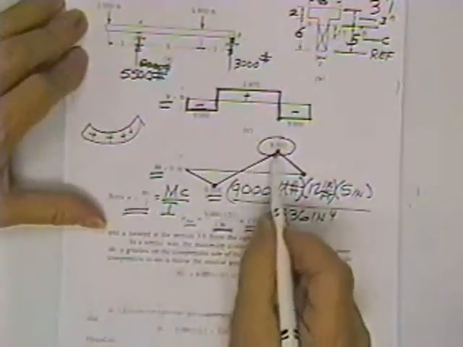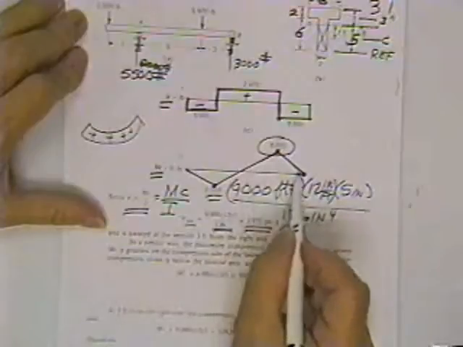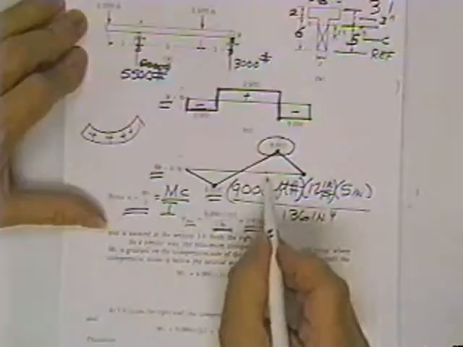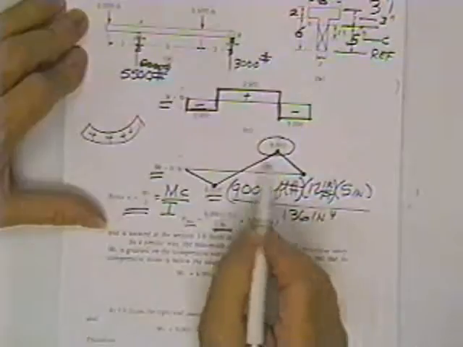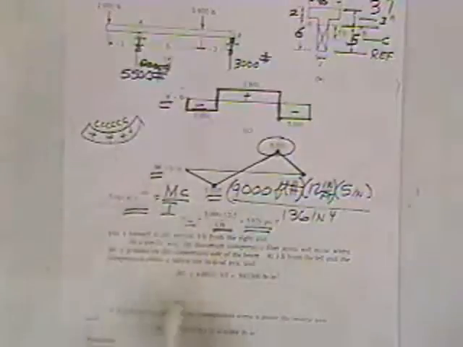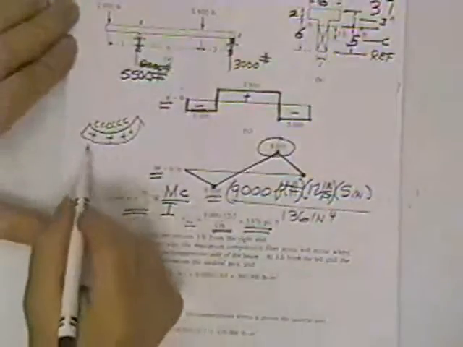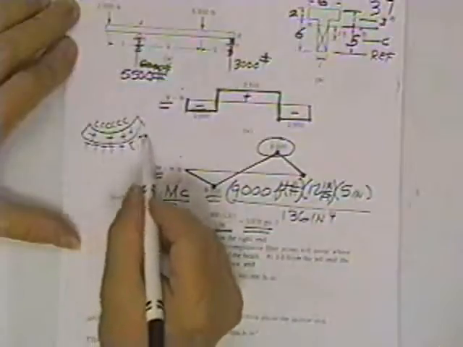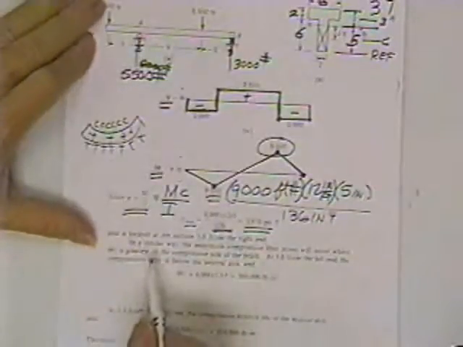Since this region has positive bending in it, then this piece right here must be bent in the shape of a smile. That means the top fibers have to be squashed because they're mashed closer together. You can tell these bottom fibers have to be stretched further apart.